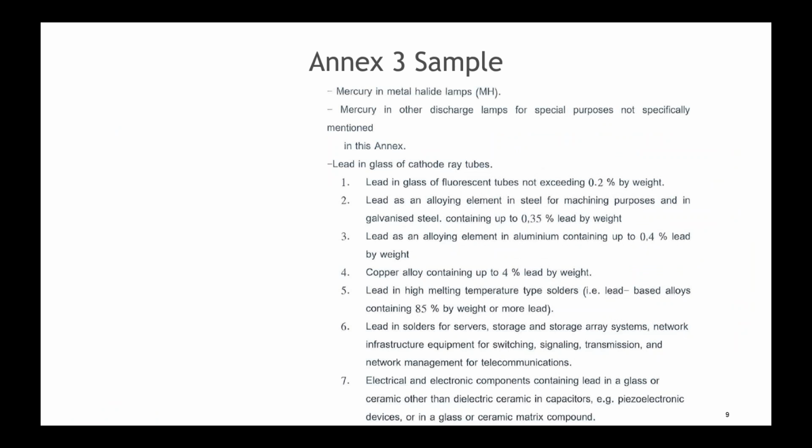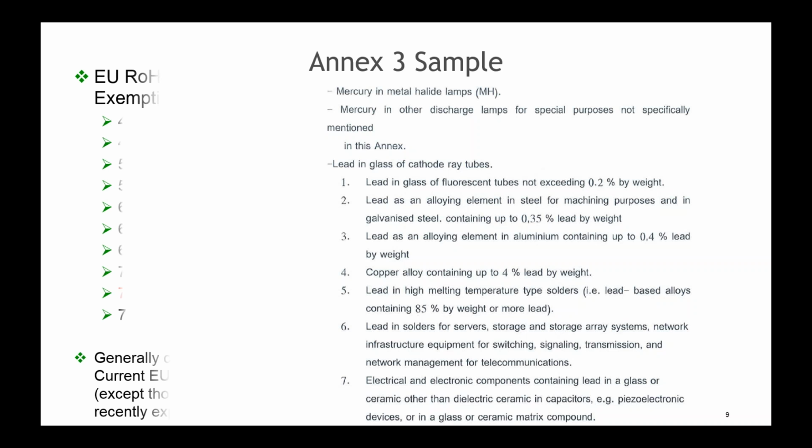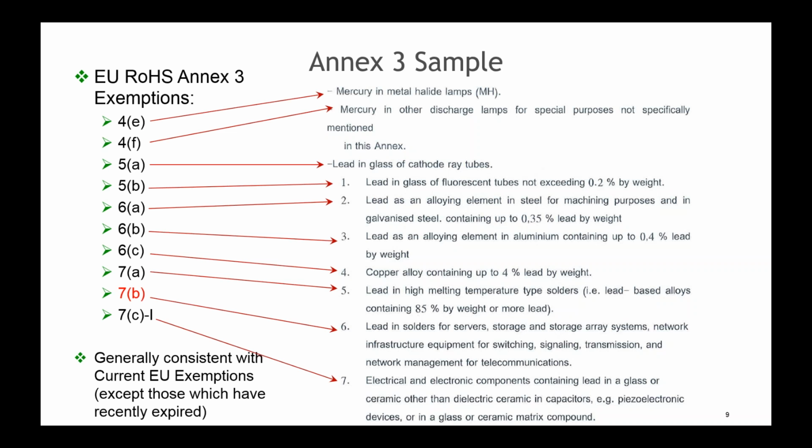Now, Annex 3 is a list of exemptions for categories 1 through 7, 10, and 11. The same as Annex 3 from EU RoHS. The actual EU RoHS Annex 3 exemptions I've mapped to just this first page of UAE RoHS exemptions. And you can see it's generally consistent. However, they've included 7B.